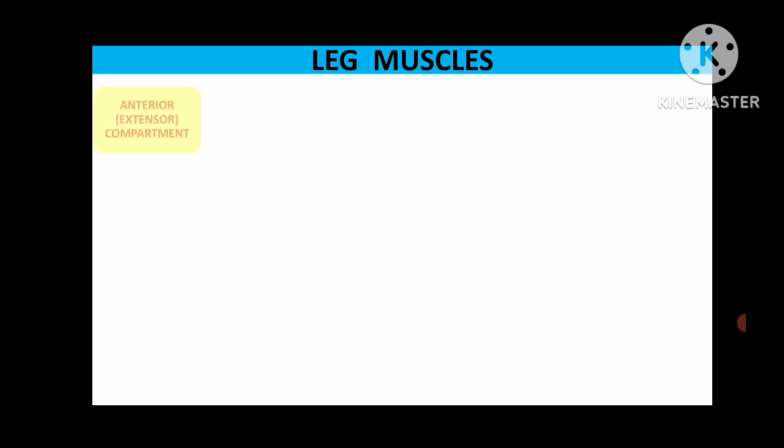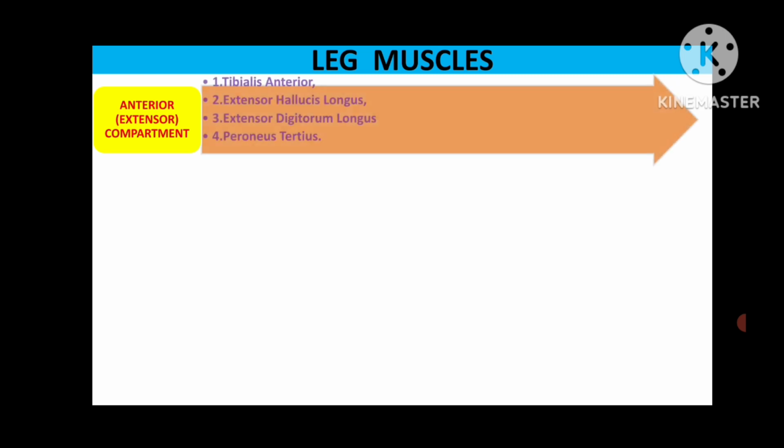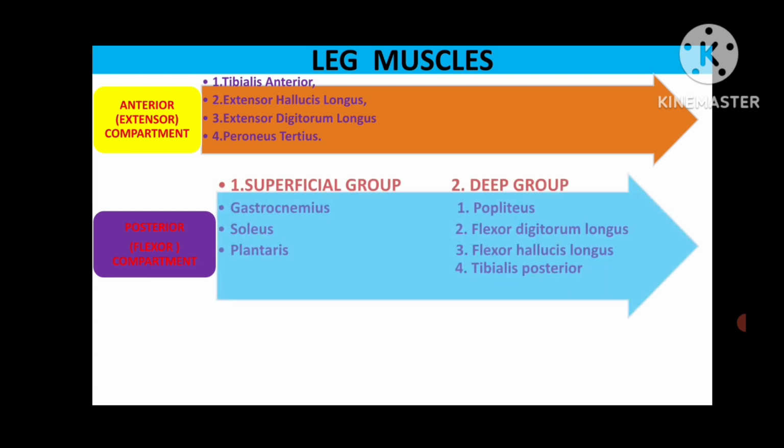The leg muscles of each compartment: in the anterior compartment, there are four muscles, tibialis anterior, extensor hallucis longus, extensor digitorum longus, and peroneus tertius. It is called the extensor compartment, that's why the names start with extensor. The posterior or flexor compartment is divided into a superficial group and a deep group.